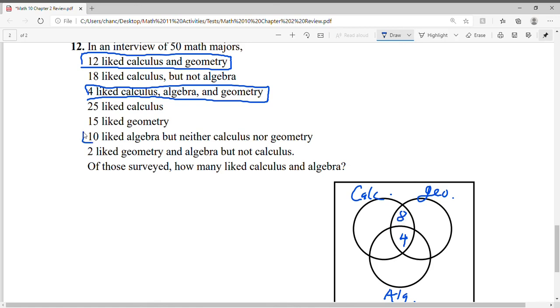I can use this one as well. I know 10 liked algebra but neither calculus nor geometry. So we can put 10 here because these are the only people that only like algebra, they don't like calculus or geometry.